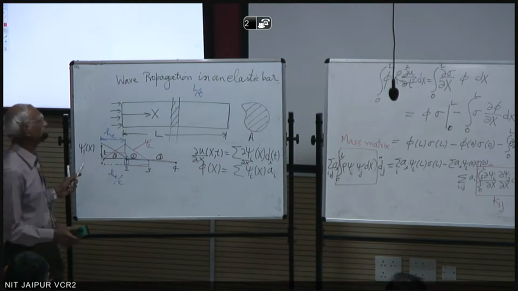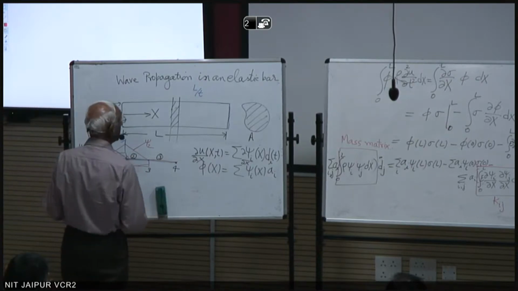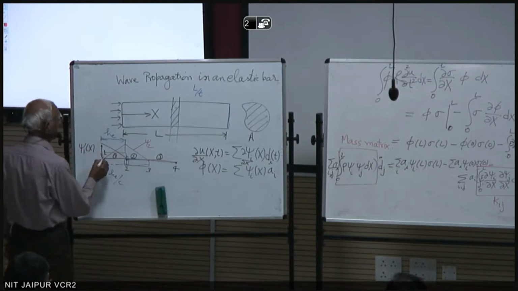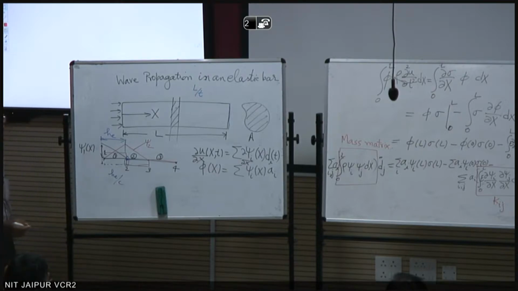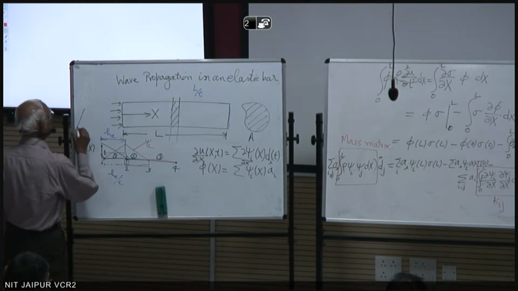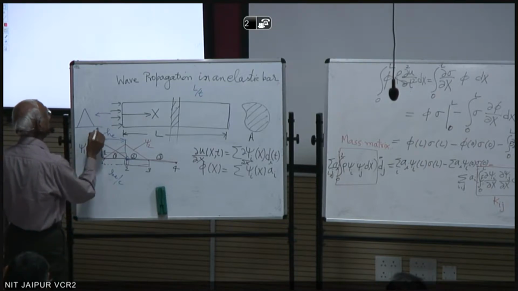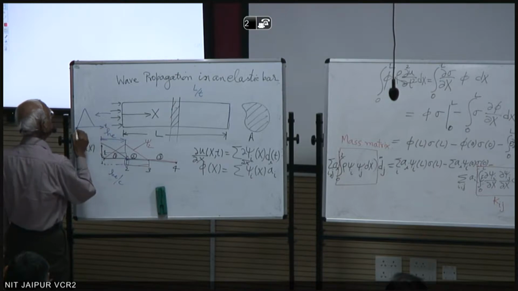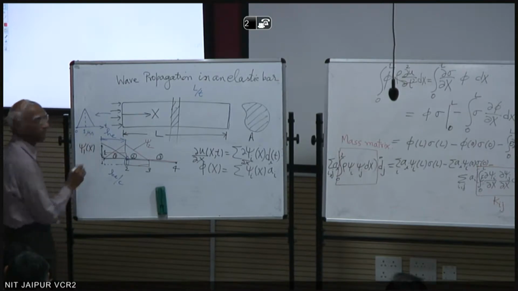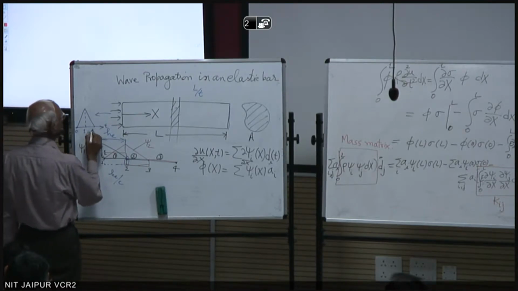And also, supposing at this node you give a pressure profile of this type. So this is the boundary condition, and this is time. You start at 0. This is say 1 microsecond, and this is 2 microseconds.